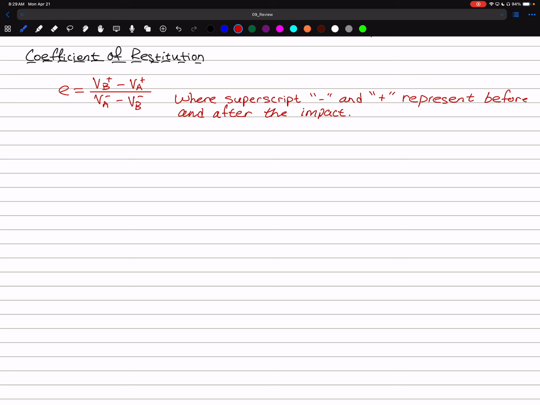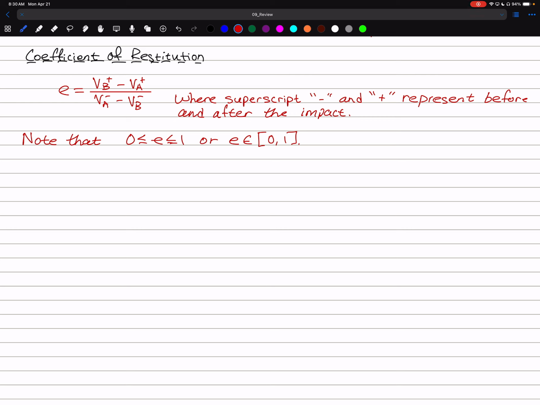All right, and so just note that this coefficient of restitution is somewhere between 0 and 1. It cannot be greater than 1, and it cannot be less than 0. When e is equal to 1, we have elastic impacts, which we'll talk about in a moment. Energy is completely conserved in that case.